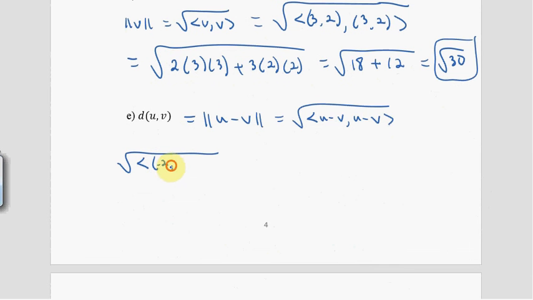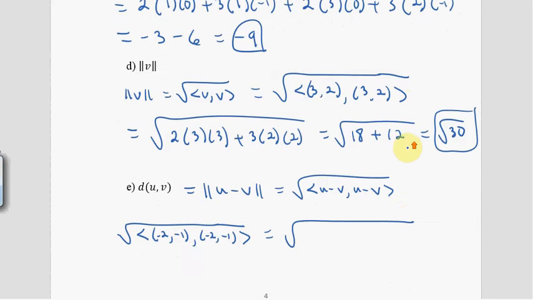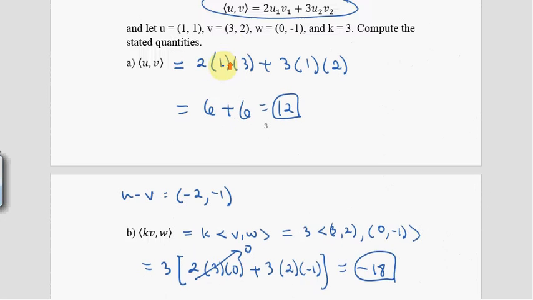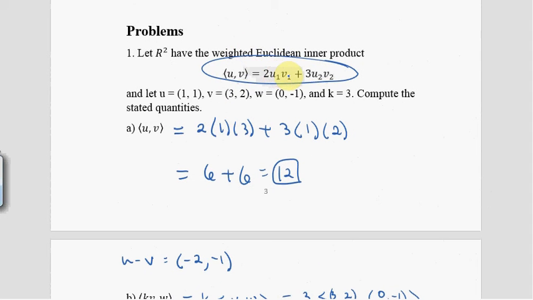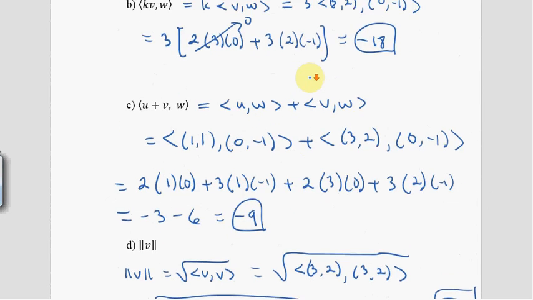So this is -2, comma -1. Inner product with itself again, -2, comma -1. So this is the square root of, here I use the formula that they give me, 2 times the first component plus 3 times the next one.